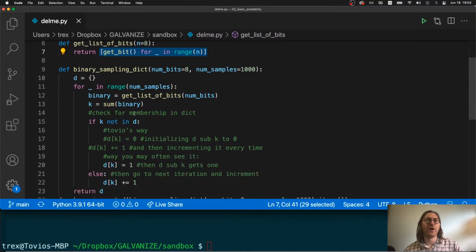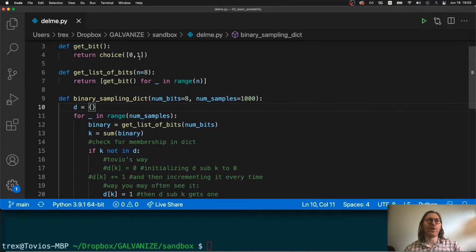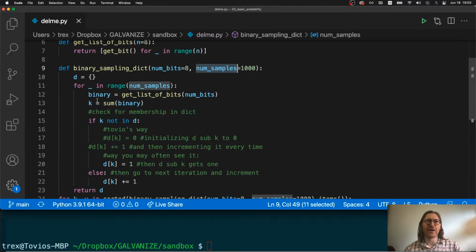So here in the binary sampling dictionary, if you think about a sampling process, we're sampling 1,000 times from get list of bits, and we're putting the results in a dictionary. Num samples is 1,000, so by default we'll do this 1,000 times.